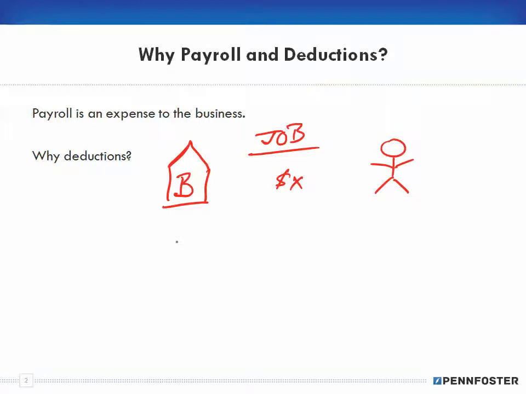from the business's perspective, what they're doing is hiring you to do a specific task, and they're agreeing with you as to how much and how you are going to be paid in order to perform that task.